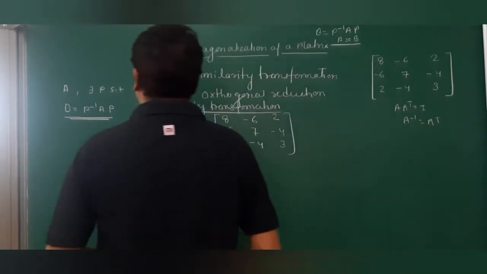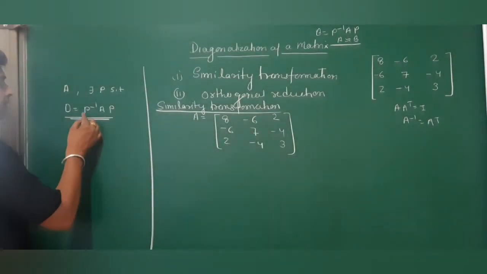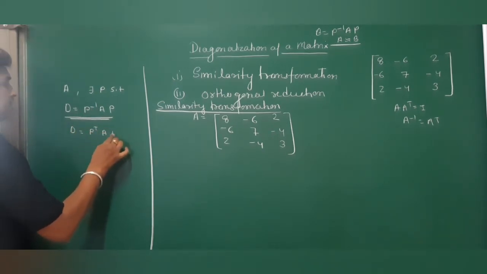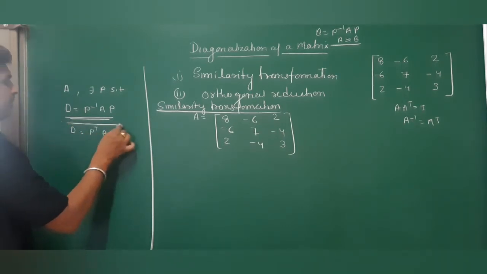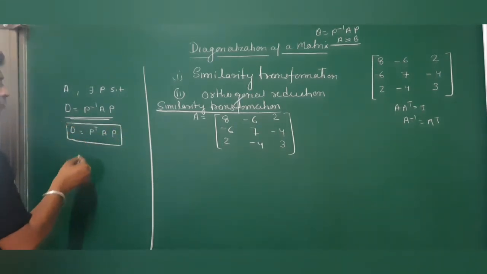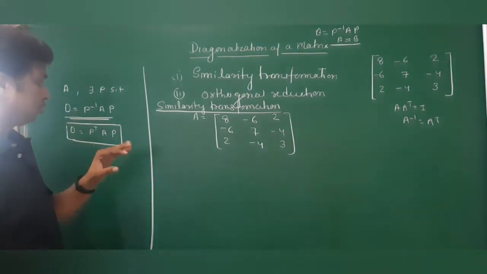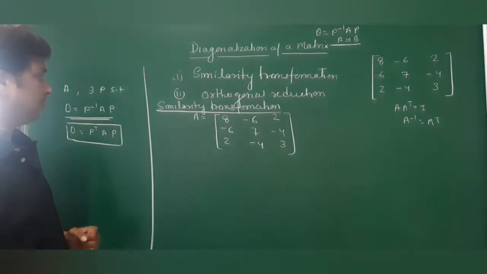So if P is an orthogonal matrix, then we can write P inverse as P transpose, because the inverse of an orthogonal matrix is its transpose. That is the benefit: we need not calculate P inverse, just write P transpose. So that is the benefit of going for orthogonal transformation.